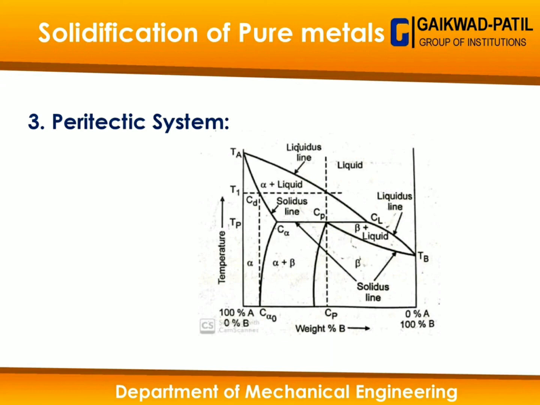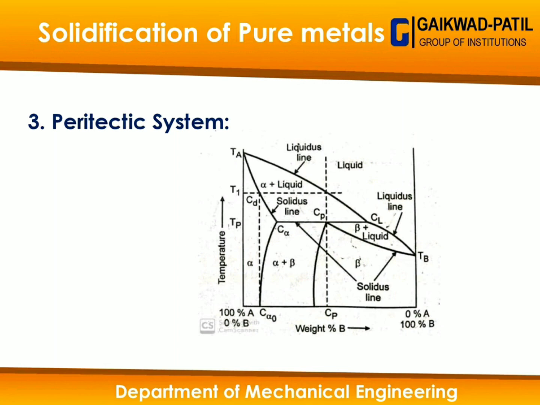Like when we cool down metal A, we will simultaneously get an alpha nucleation phase, and the intermediate phase between liquid and alpha is called alpha plus liquid. And when we heat up metal B up to point Cl, we will get the liquid of B. And when we cool down metal B mixed with metal A at equilibrium condition, we will get alpha plus beta at the end.